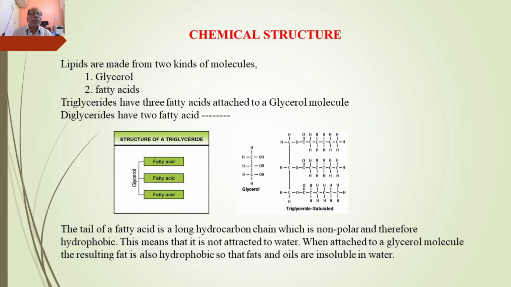Then the chemical structure of the lipids. Lipids are made from two types of molecules, glycerol and fatty acids. Already we have explained in the structure of the phospholipid, the lipid bilayer of the plasma membrane, which consists of headed pin-like structures.